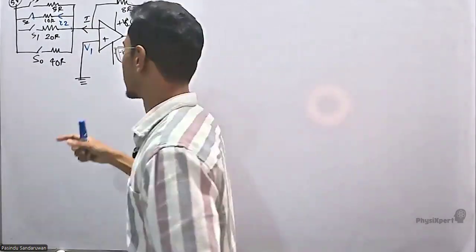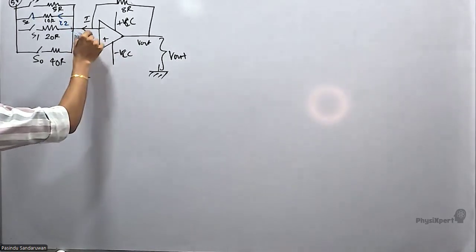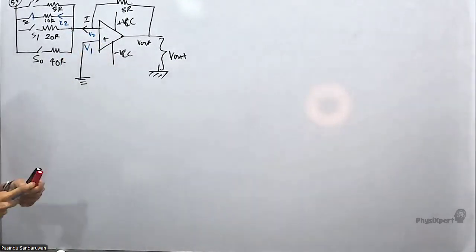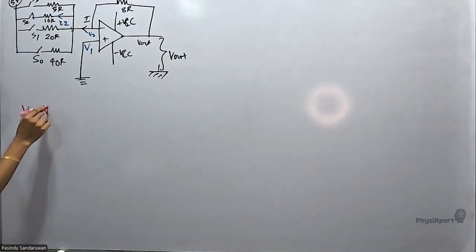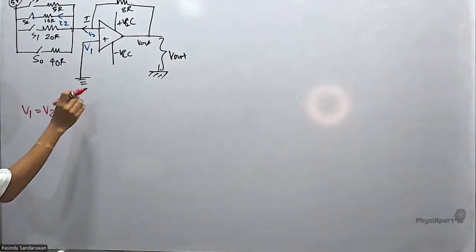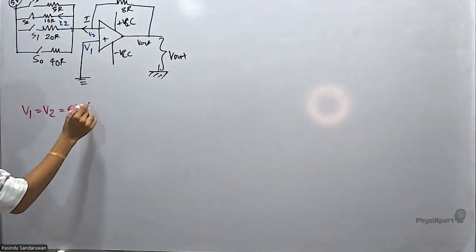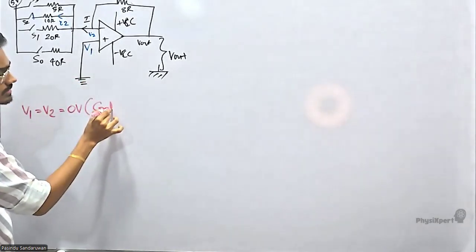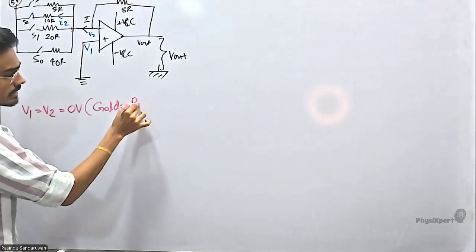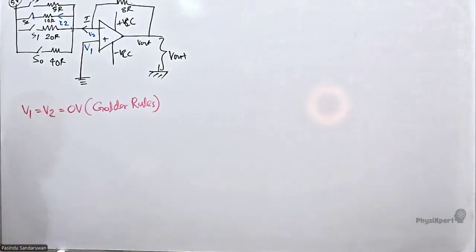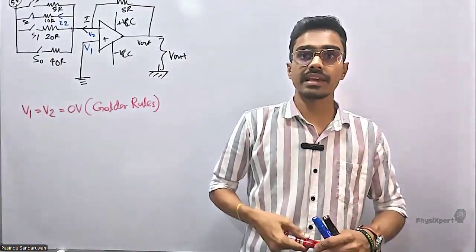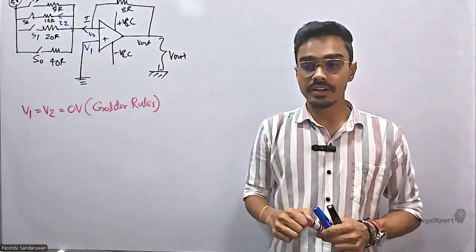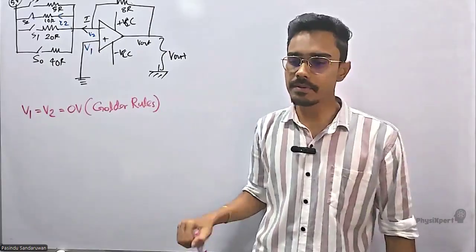So I need to mention that here, because that is one of the arguments we are going to use. So V1 equals V2 equals 0 volts, because this is grounded. The reason is the golden rules, or else you can say feedback rules.